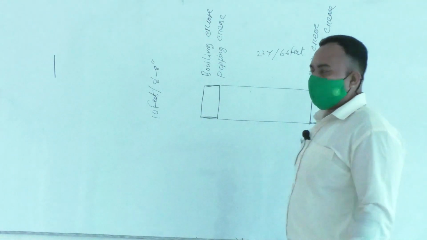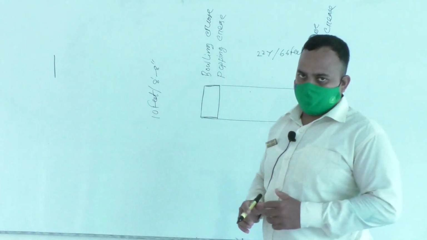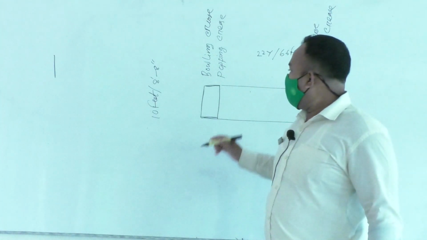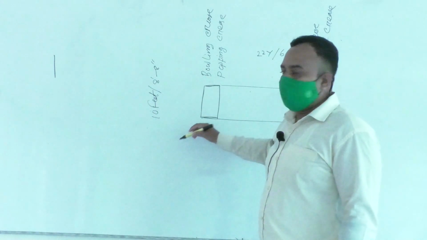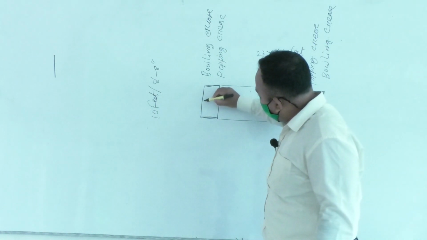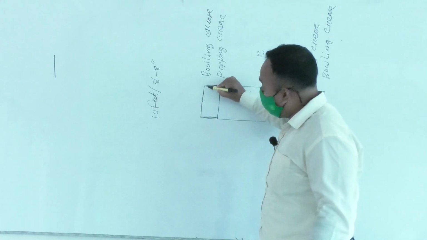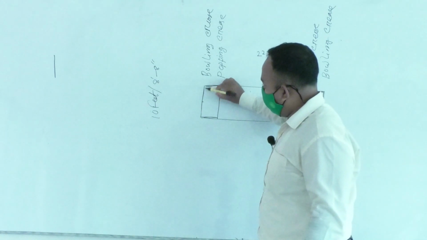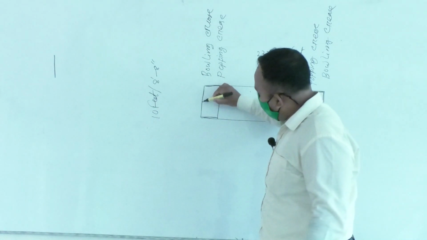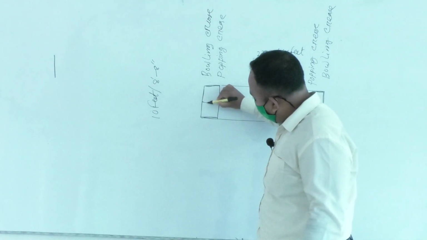Okay. Next, stump. Cricket stump. The distance between two sides of the middle stump is 5 feet. This is 5 feet and this is 5 feet, and it is the middle stump.